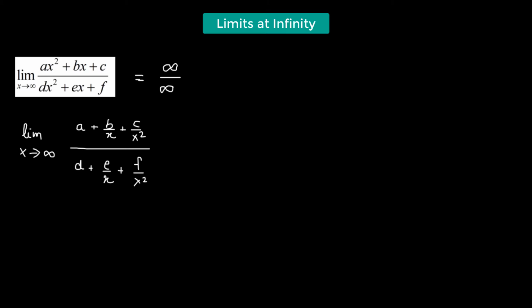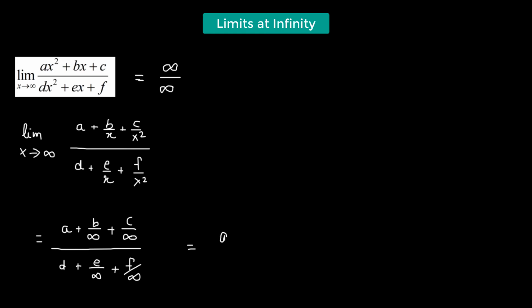Now we're going to substitute the value of x. So that will be a plus b divided by an extremely large number plus c divided by an extremely large number, infinity. Again, in the denominator we have d plus e divided by infinity plus f divided by an extremely large number, which is infinity.